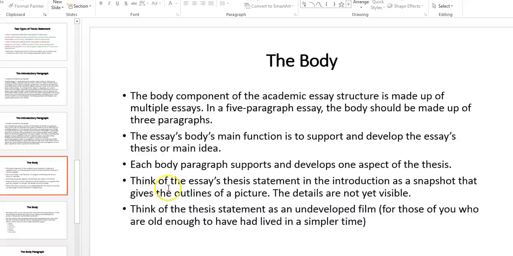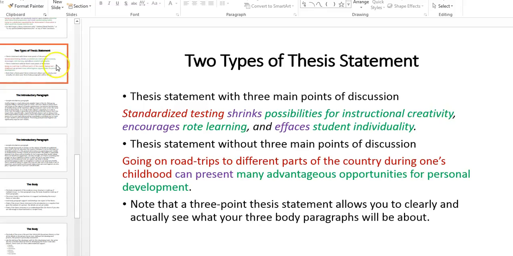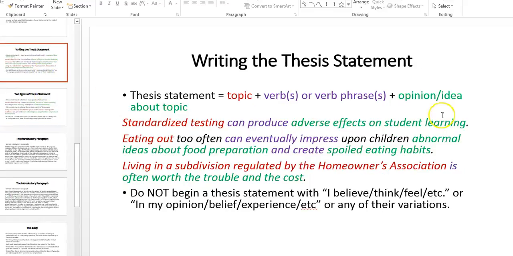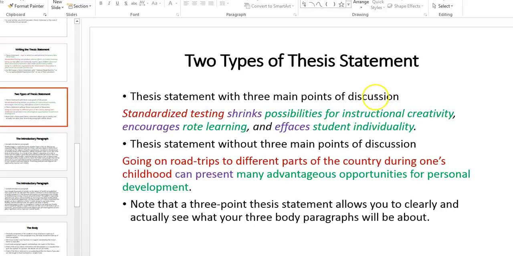Okay. But even if you're opting for a thesis statement that doesn't list your reasons or your three main points of discussion, you need to have them in mind. So let's say you're writing an essay on this first thesis right here, and you're going for this thesis statement rather than spelling out the three adverse effects.